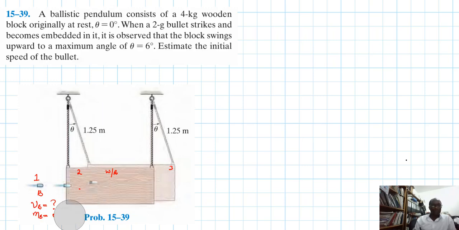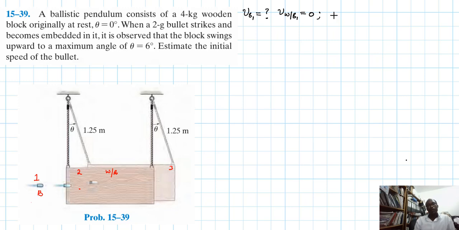Let me write these things here. So we have VB1 equal to unknown, VWB1 equal to 0.